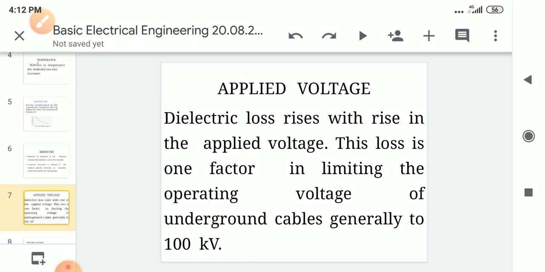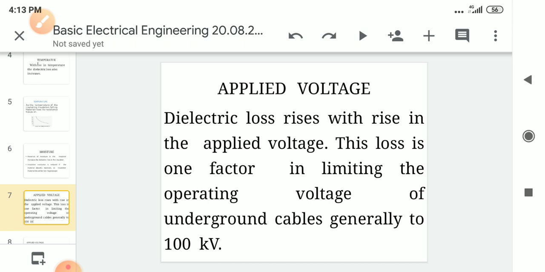For example, in underground cable, we use an operating voltage up to 100 kV only. Because in underground cable, all the cables are insulated with proper insulation material, and that insulation material's bearing strength is up to 100 kV only. That's why this application is limited to 100 kV only.